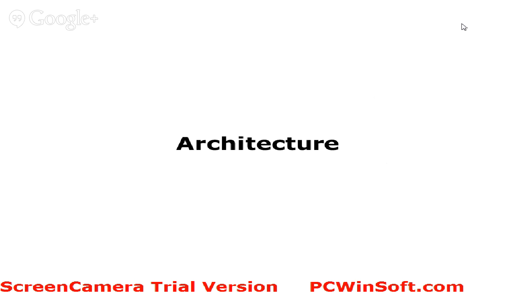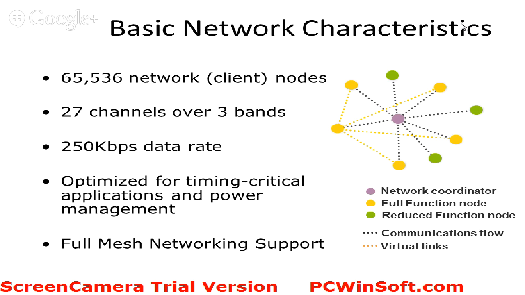The architecture of ZigBee. The basic network characteristics of ZigBee are that you can have 65,536 client nodes. This is around 64 bits. We have 27 channels over 3 bands.